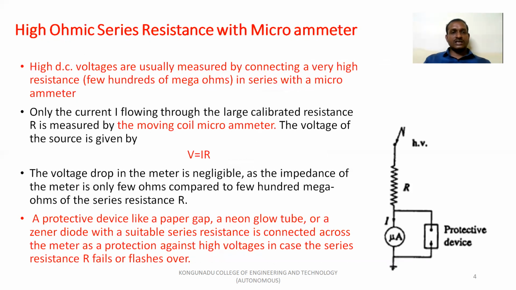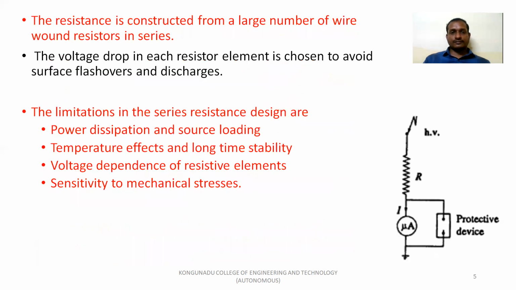In the series resistance with micrometer method, we connect a high resistance in series with the micrometer at the high voltage terminal. The current flowing through the micrometer is measured, which is proportional to the input applied voltage, so V is equal to I R. A protecting device is used to protect the equipment during failure and flashover conditions.